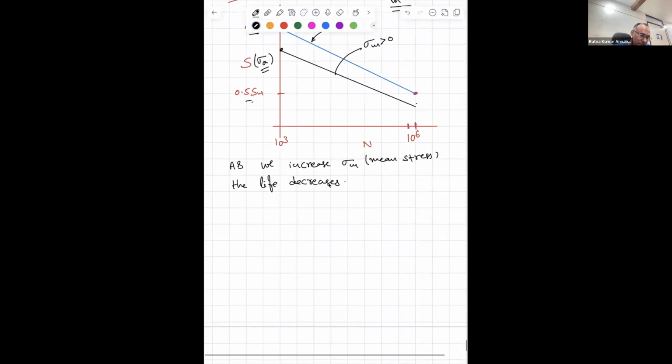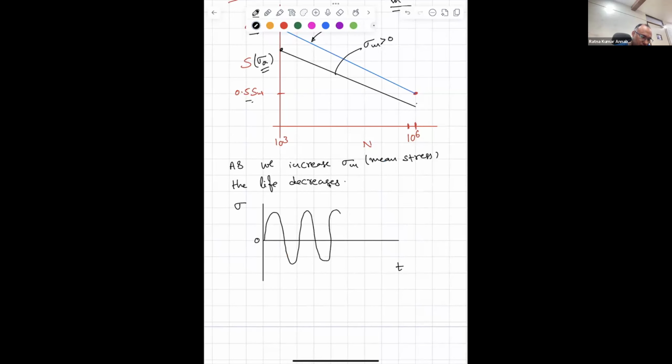Why does it happen? If you look at the stress-time diagram, let us say this is stress and time. If this is 0, this is your sigma A and this is your sigma m equal to 0.